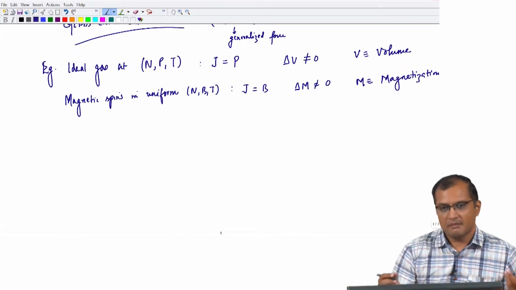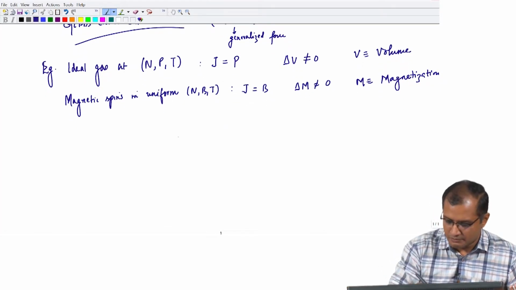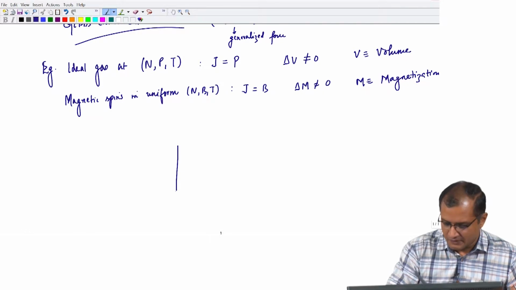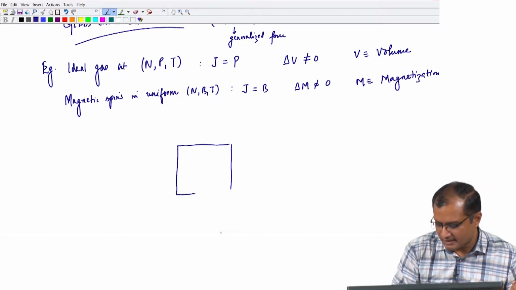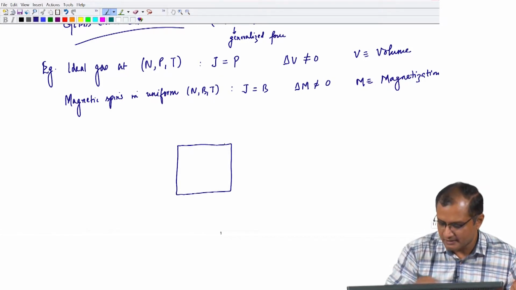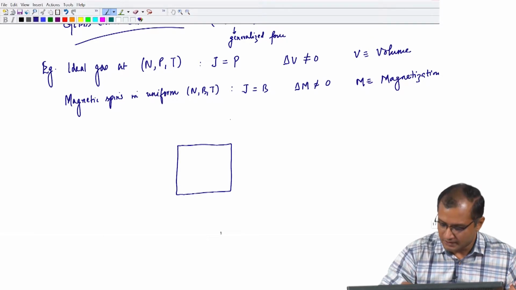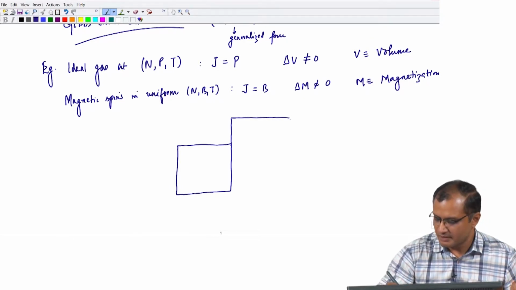So, let us draw a schematic here to take an example. So, this is going to be my system, and I have taken the case of an ideal gas, in contact with a reservoir.